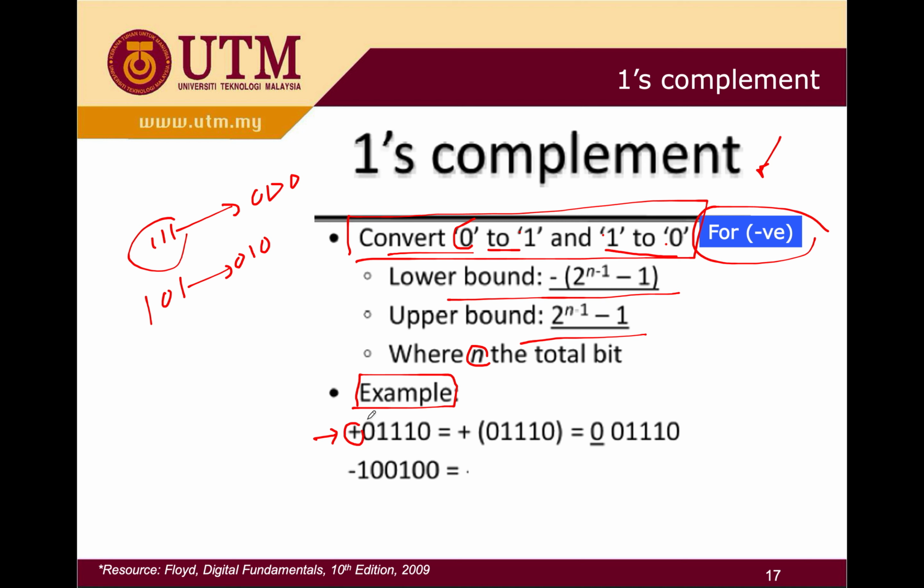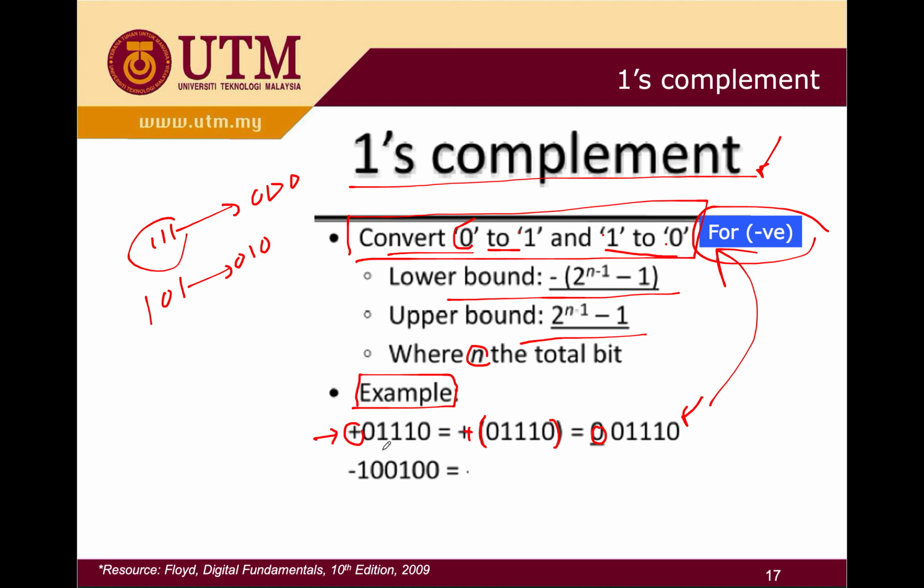So you will put it like this, positive over here, and you will add 0 here as a positive number. You can see you're not going to apply this one as this is a positive number for first complement.